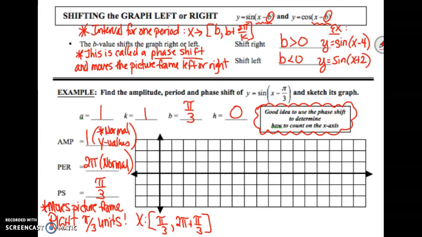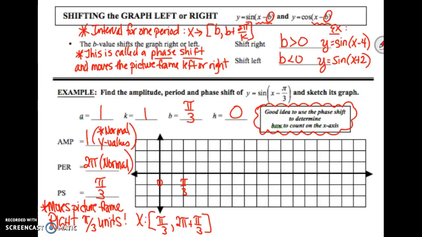So it makes sense for us when we're making our graph here and when we're labeling our x-axis that we want to label by something that makes it easy to count by pi over 3, okay? So if this is 0 here at the start, right, which it is, then I'm going to go by pi over 6s, okay? So my first spot or my first line here would be 1 pi over 6. My second line would be 2 pi over 6, which is pi over 3.